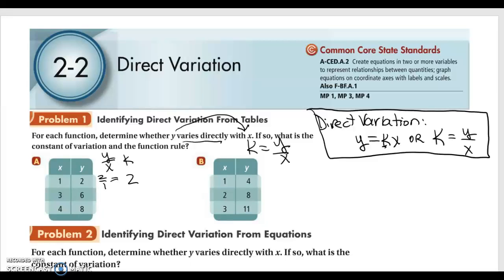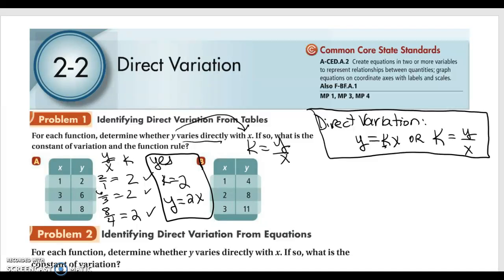Next line, 6 divided by 3, which is also 2. And the third line, 8 divided by 4, that also equals 2. Because we got 2 every time, yes, it's direct variation, k will equal 2. So my function rule will be y equals 2x.